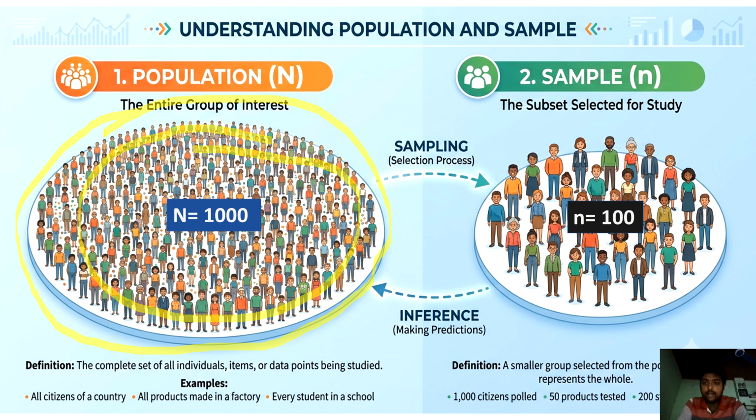And we take 100 people from them as the sample, using some sampling methods, and based on this 100 people's data we predict something about these villagers. You understand properly?